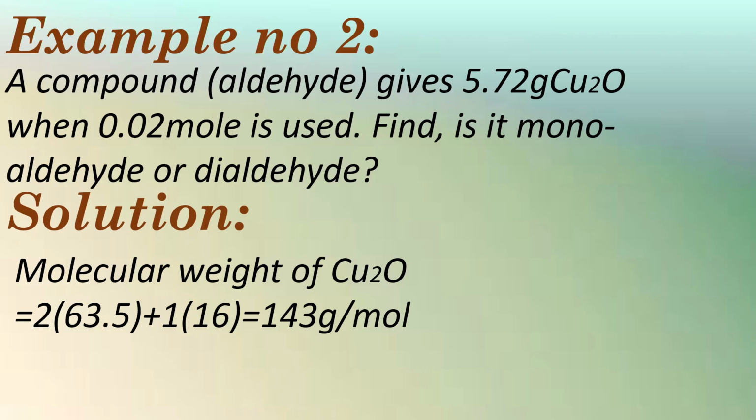Solution. Molecular weight of copper 1 oxide is equal to, as I have calculated earlier, 2, the number of copper atoms, into 63.5, the atomic weight of copper, plus 1, the number of oxygen atoms, into 16, the atomic weight of oxygen. After solving, molecular weight of copper 1 oxide is calculated to be 143 gram per mole.